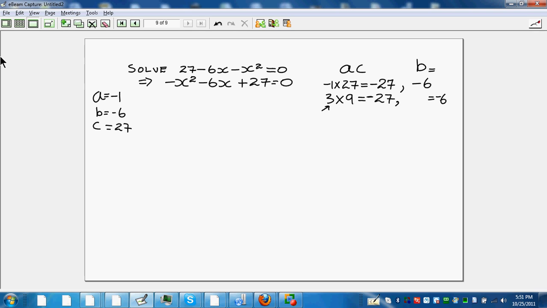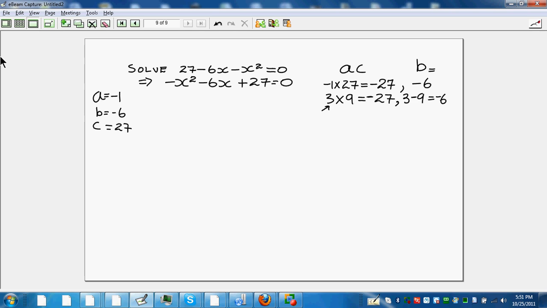And the things that we'll be adding is 3 and 9, but one of them has to be negative. So which one of them would have to be negative so that when we add it, we get minus 6? The 9. The 9 has to be the negative one.